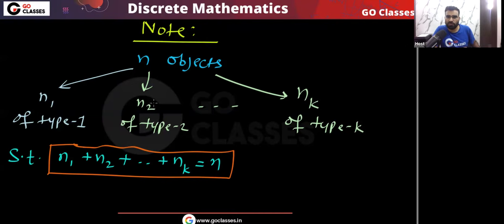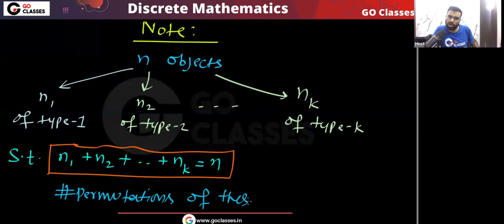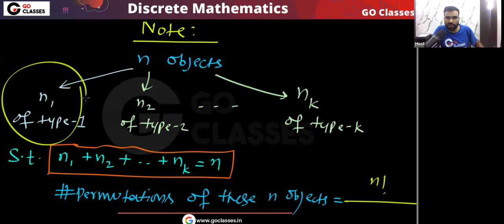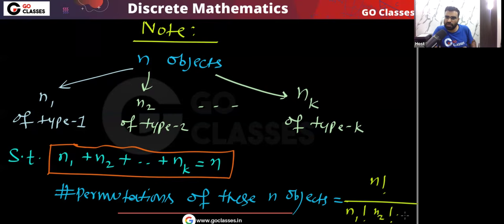Now in this situation, what will be the number of permutations of these n objects? The number of permutations of these n objects will be n factorial divided by n1 factorial, n2 factorial, and so on, nk factorial.